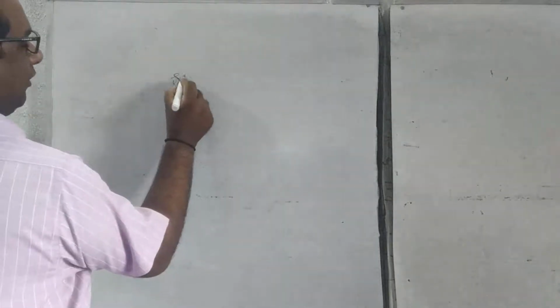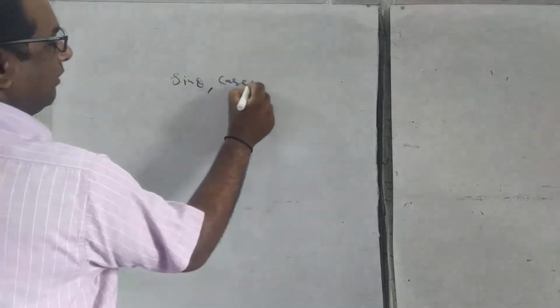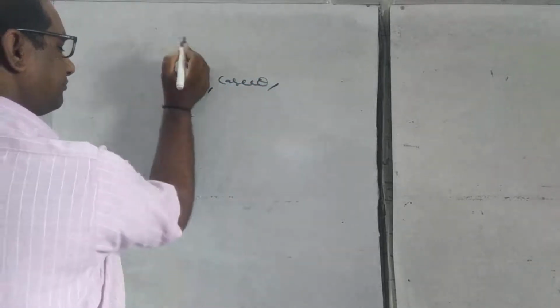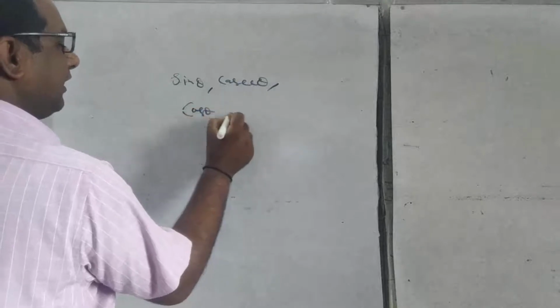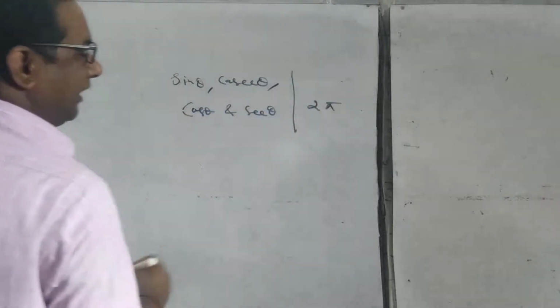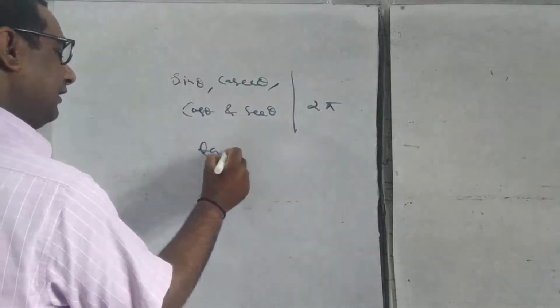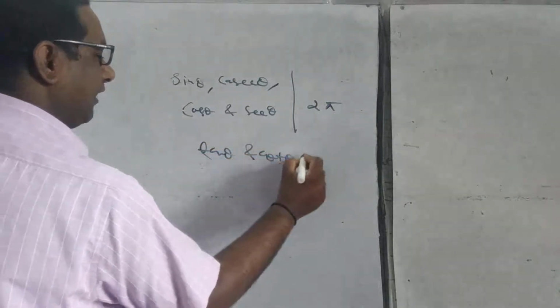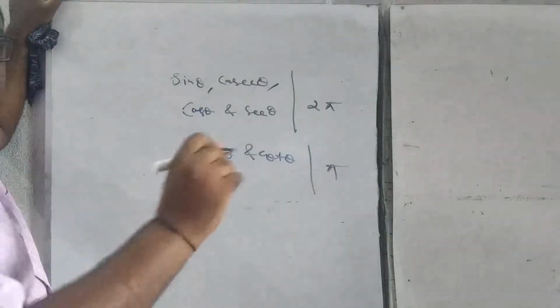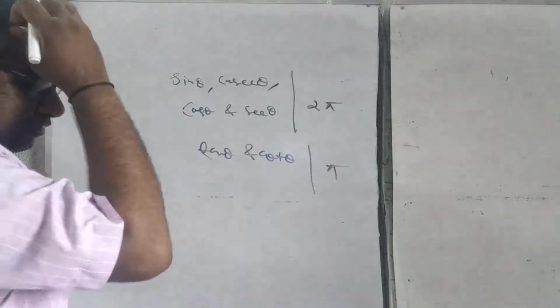For knowledge point of view, sine theta and cosec theta, cos theta and sec theta have period 2 pi, and tan theta and cot theta have period pi. What does it actually mean? How can you convert it into the formula?